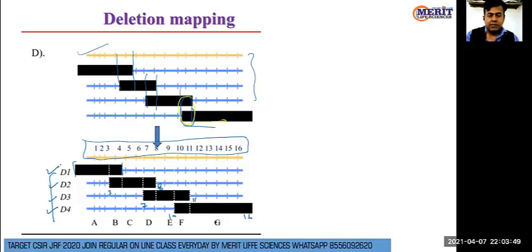If you mark these regions as gene A, gene B, gene C, gene D, we can easily make a map of A, B, C, D, and even if they contain more genes, you can arrange them as A, B, C, D, E, F, G.